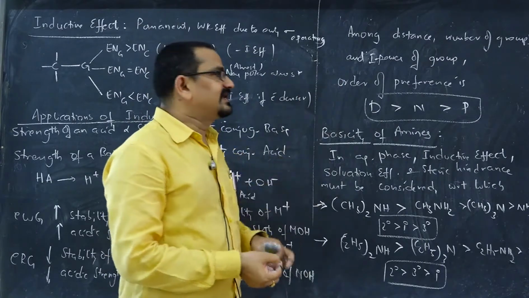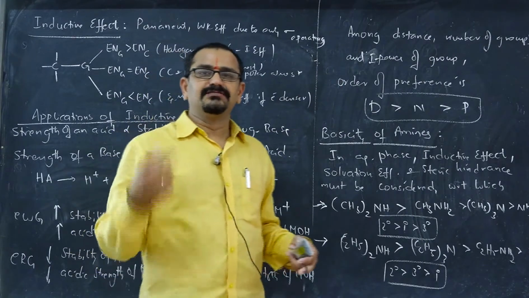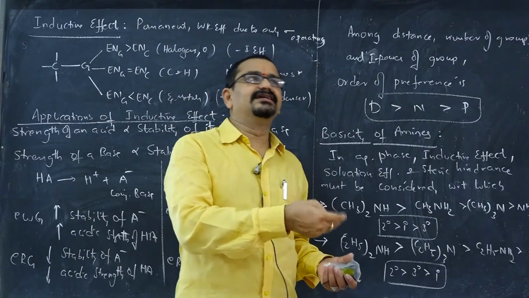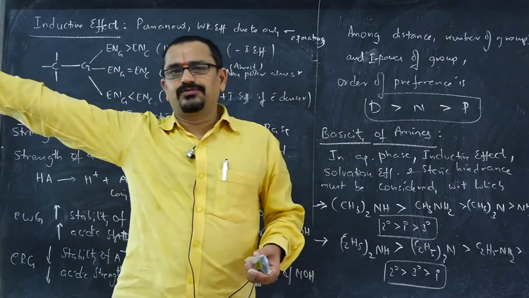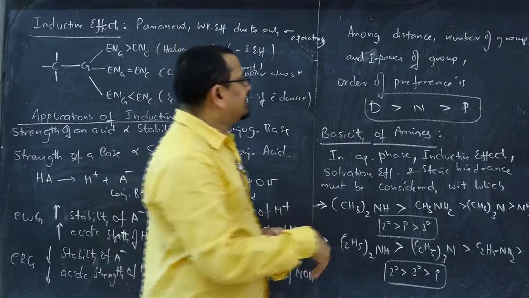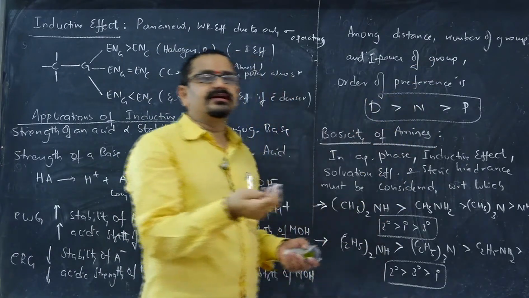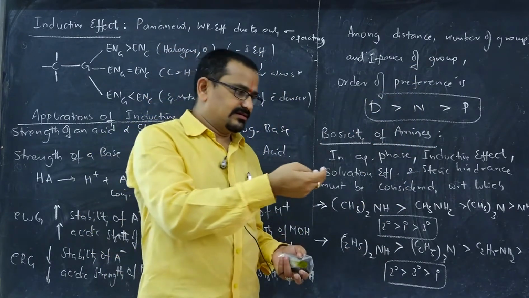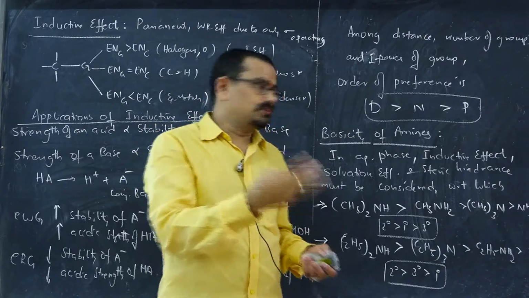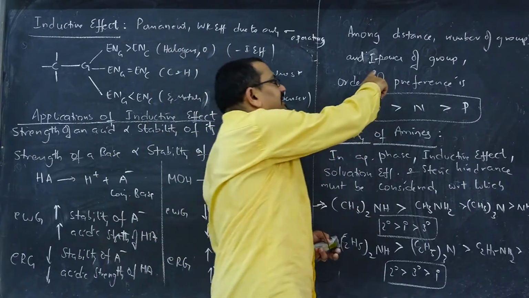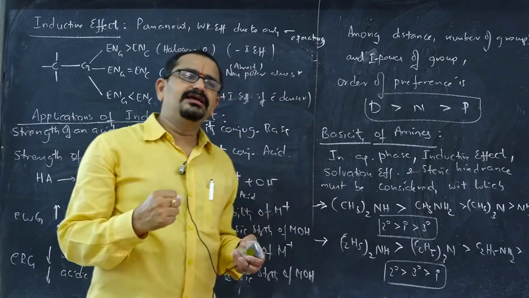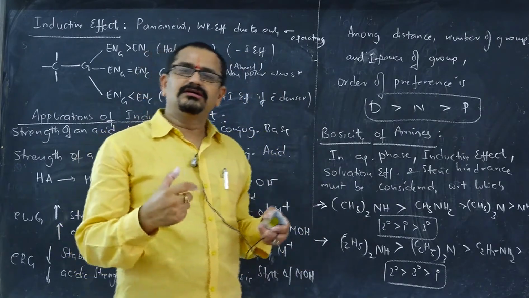See, they may give 3 examples or 3 options. In the first acid, a group will be at some 4 positions away, in the second molecule it may contain more number of groups, and in another one it may contain a highly electronegative, highly electron withdrawing group.